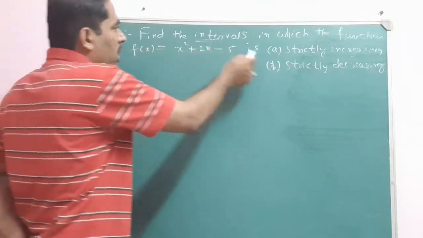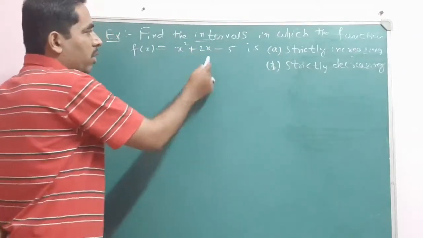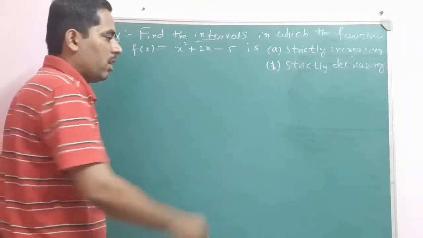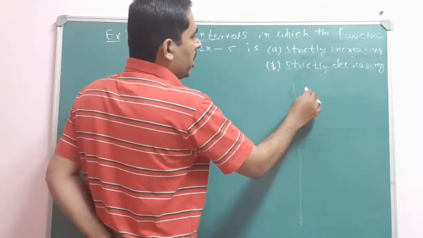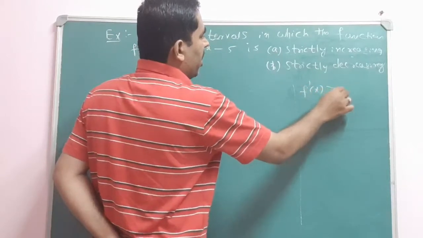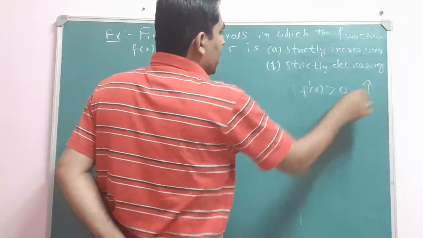Find the intervals in which the function f of x is equal to x square plus 2x minus 5 is strictly increasing, strictly decreasing. In our previous class we learned the conditions. If the sign of the derivative is greater than 0, that is positive, then the function is increasing.